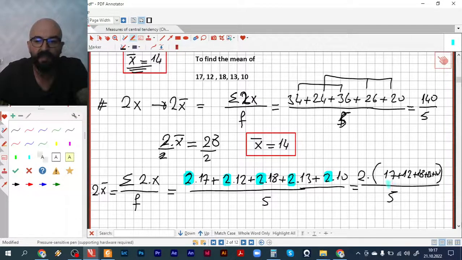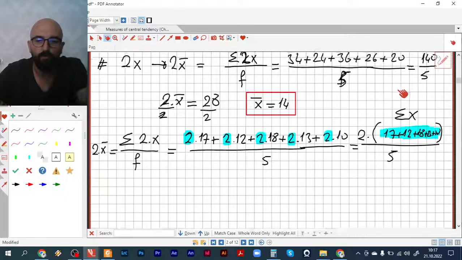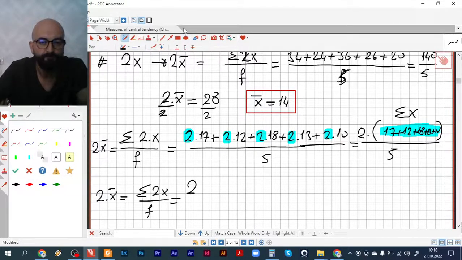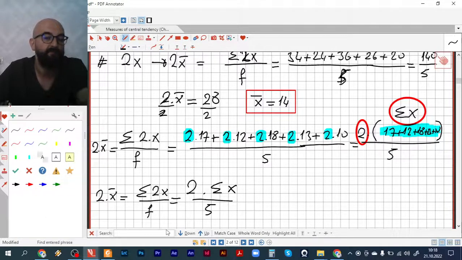Please remember that this process equals the sum of x. So the sum of 2x over frequency means 2 times the sum of x over 5. So it doesn't change.